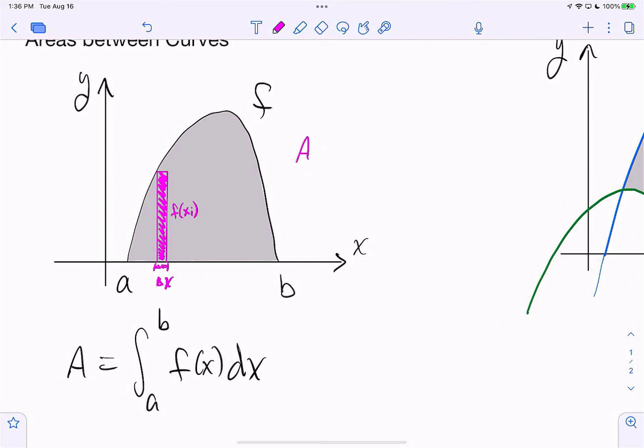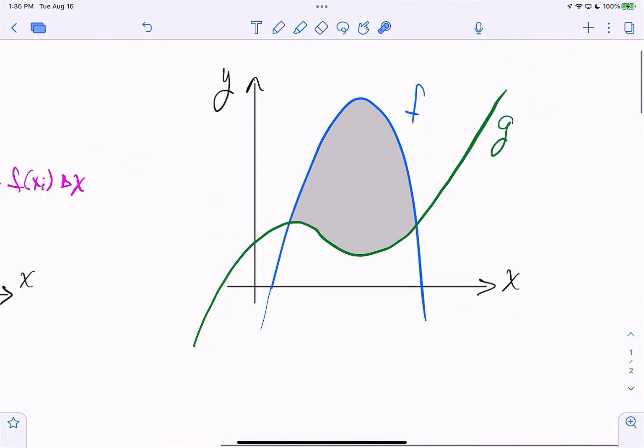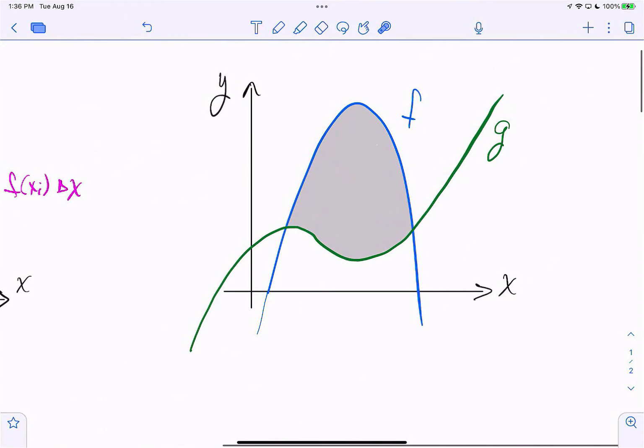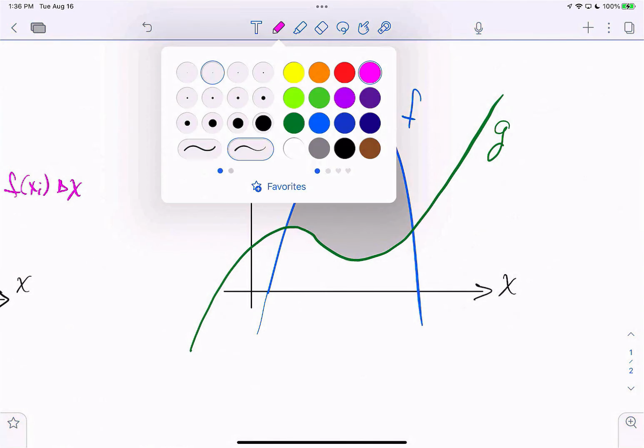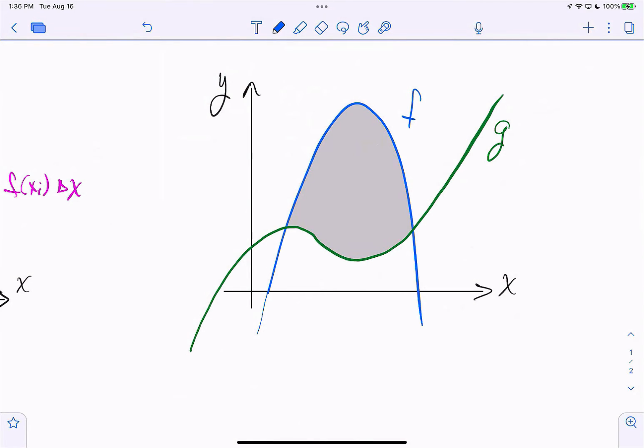Then we said the area of the ith rectangle is f of x sub i times delta x. And then we added together n of these, and then let n go to infinity, and that's where the integral came from.